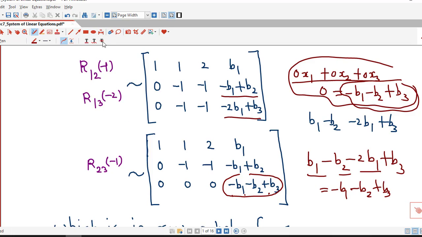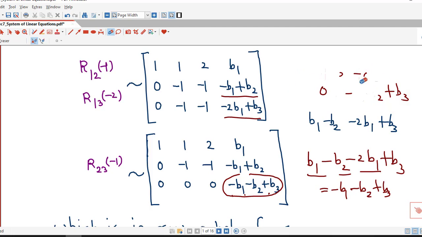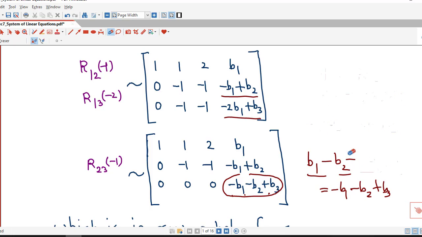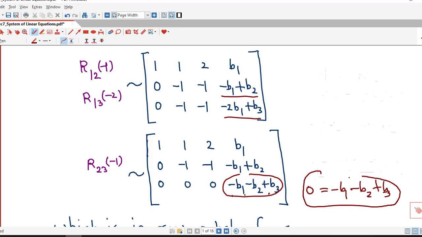So for the system to have a solution, we must have this last entry, minus b1 minus b2 plus b3, equal to 0. If minus b1 minus b2 plus b3 equals 0, then only is the given system consistent.